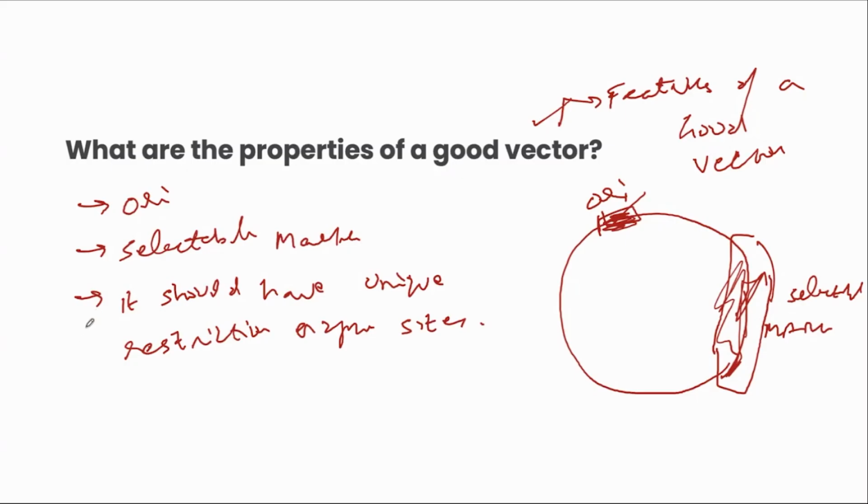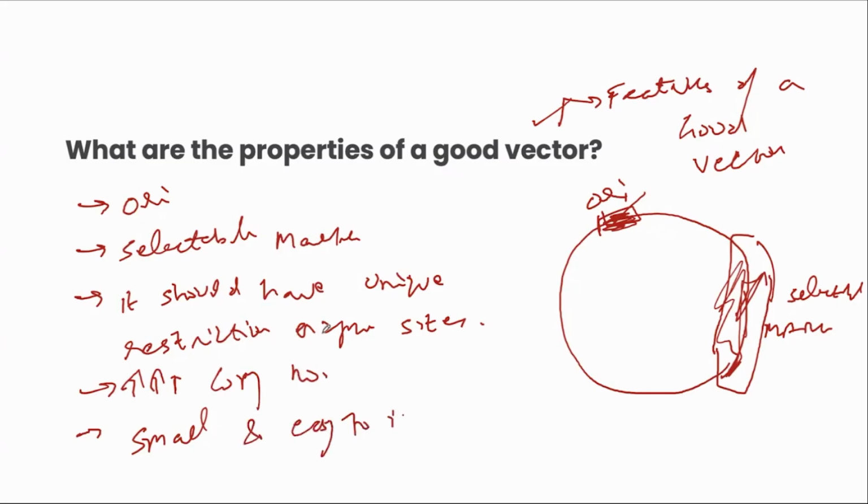So these three are the most important. And the fourth is that it should have a high copy number. It should also be small and easy to isolate and purify. So these are the main properties of a good vector.